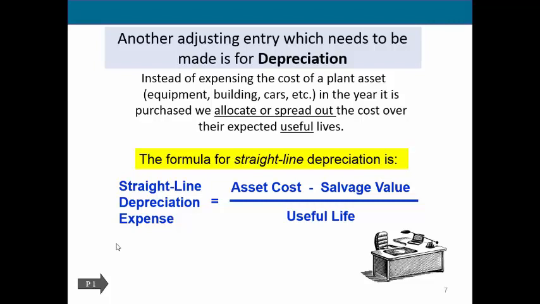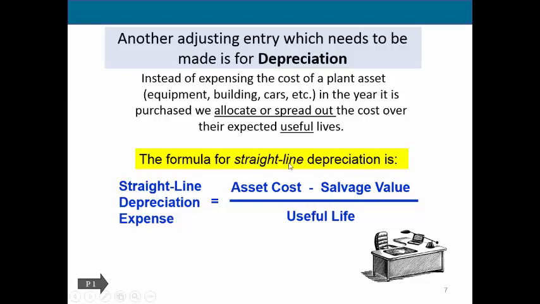We calculate depreciation by taking the cost of our asset and dividing it by the useful life. So to make things really simple, let's say we have an asset that costs $100 and it's supposed to be useful for 10 years. $100 divided by 10 years tells us that approximately $10 of value is used up or expensed each year.